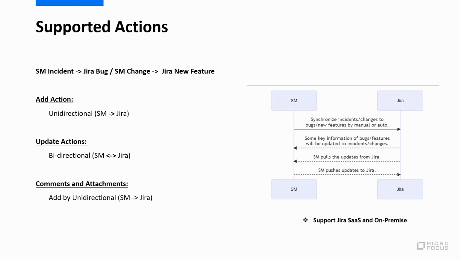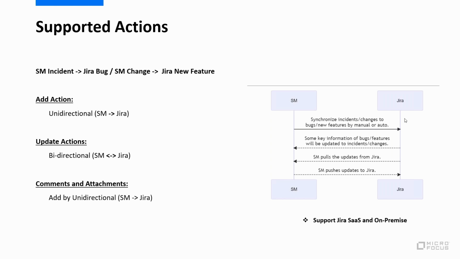On the right side, you can find a workflow of the synchronization between Service Manager and Jira. We can go through it in order. First, we synchronize the incident or change records from Service Manager to Jira as bugs or new features, manually or automatically.